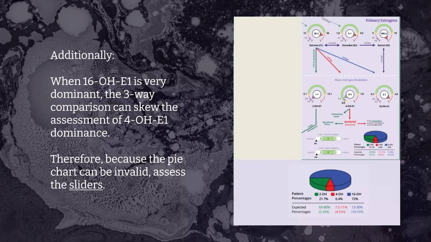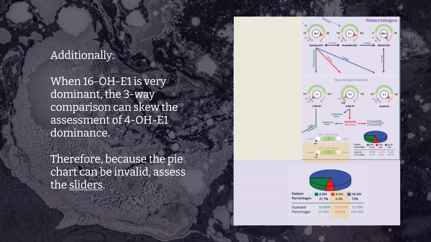So I wanted to show you a case where an extreme 16-hydroxy preference completely obscured the 4-hydroxy dominance over 2-hydroxy-E1. This could have led to an improper assessment and the use of DIM even, which could have increased the 4-hydroxy-E1 even more. So the pie chart's been removed, and instead we consult the direct ratio sliders.